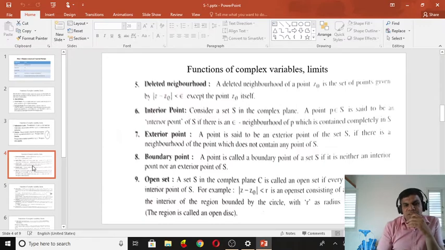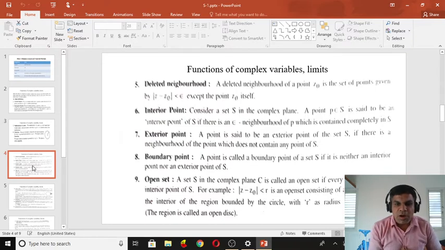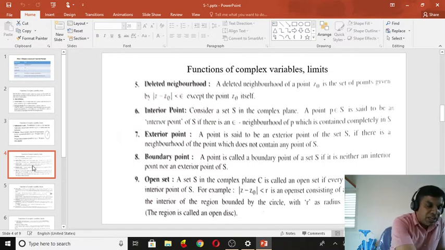In the open set, a set S in the complex plane C is called an open set if every point of S is an interior point of S. For example, mod Z minus Z naught less than R is an open set. Strictly less than R means all the points lie within that radius.